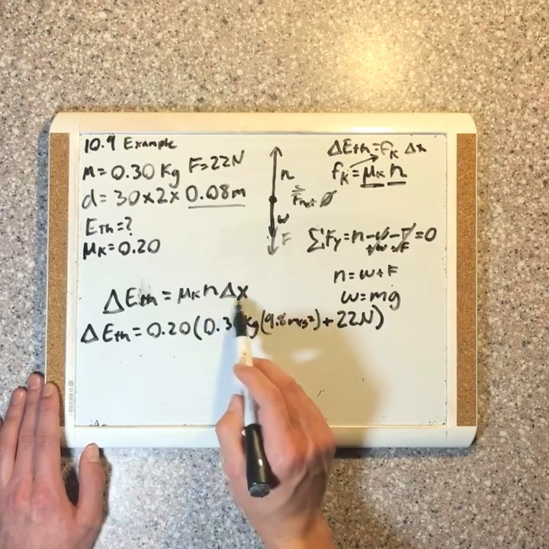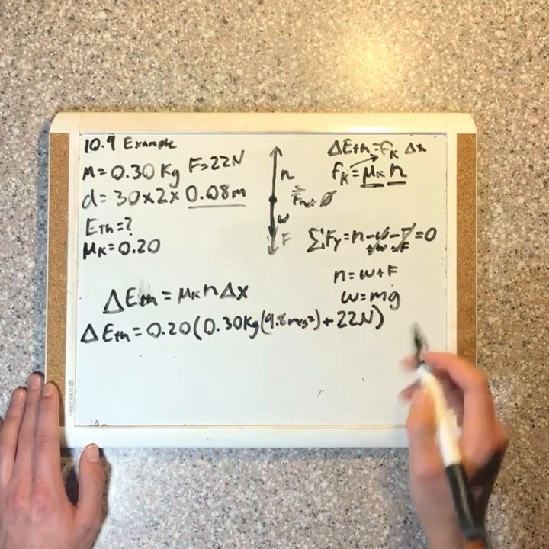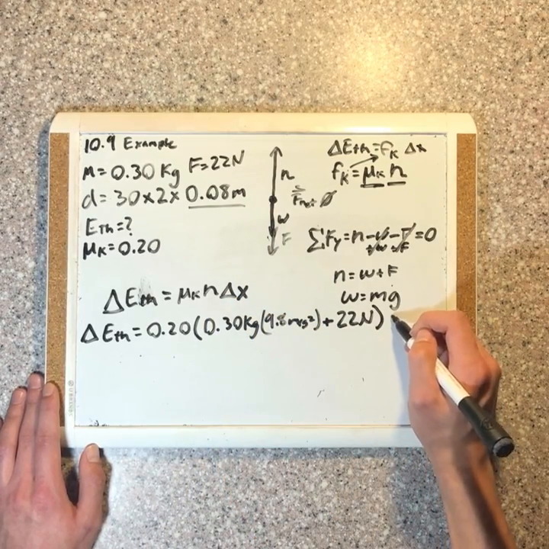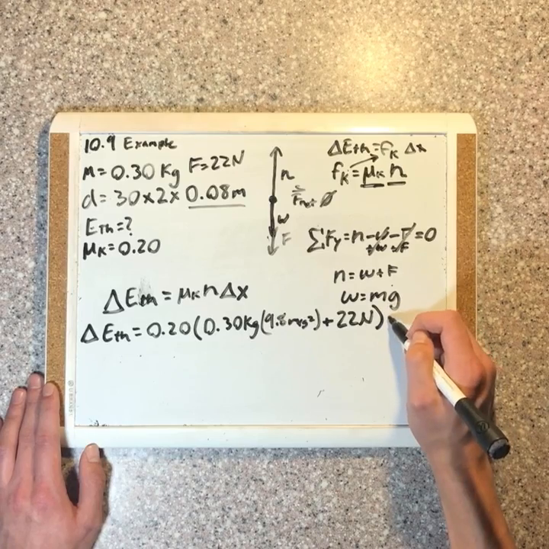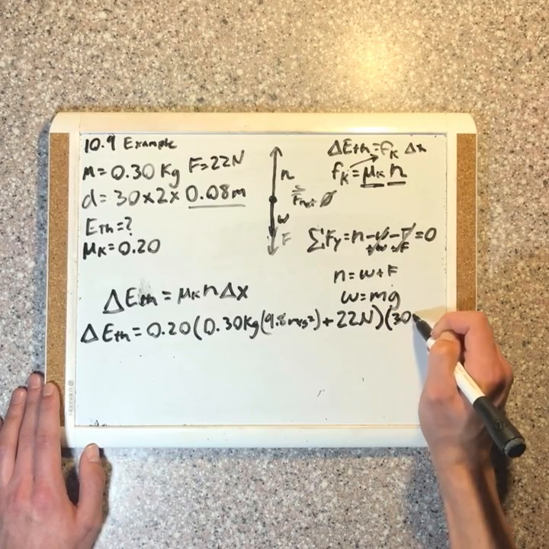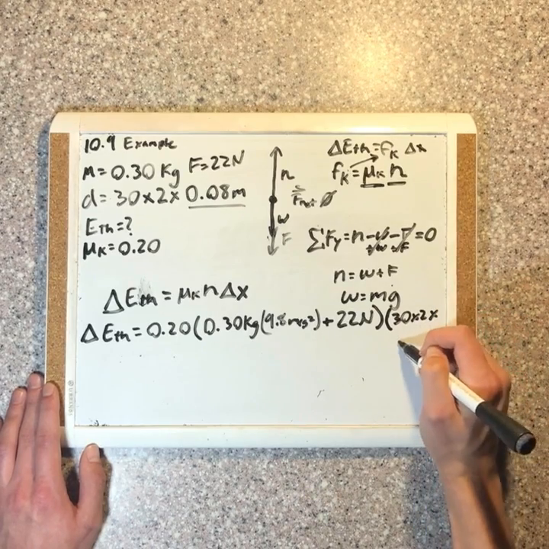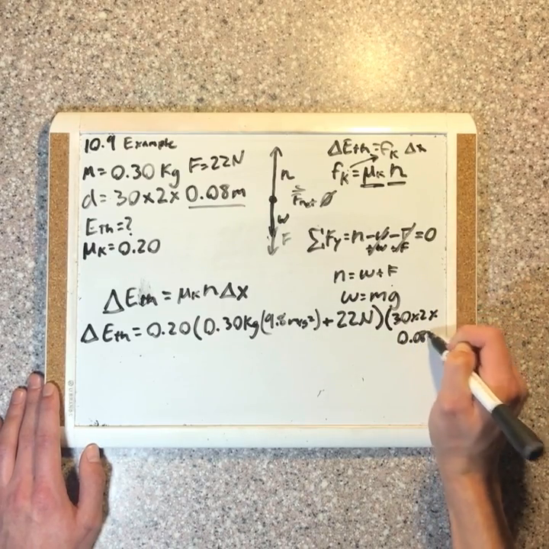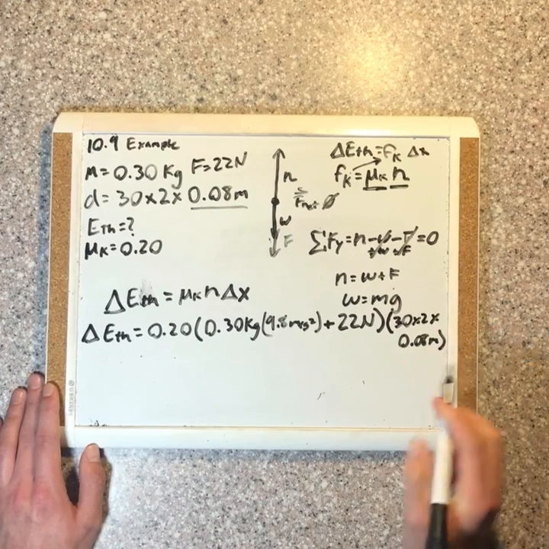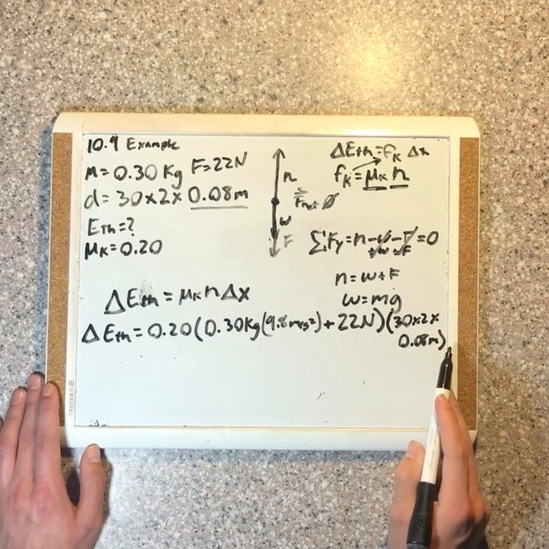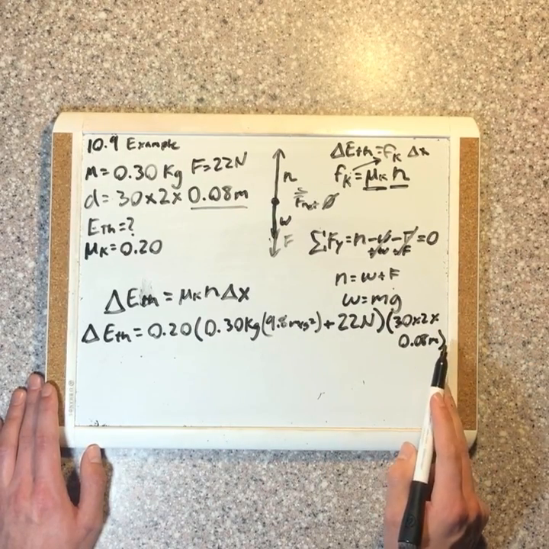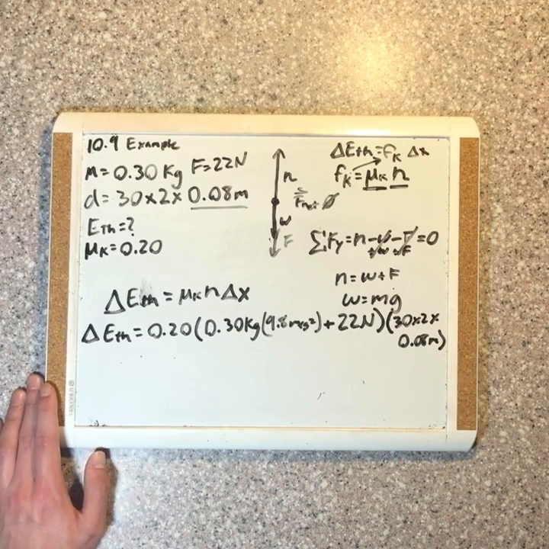Now we have the added in distance. That's going to be equal to 30 times 2 times 0.08 meters. So a lot of math going on, and we're going to work on it step by step.